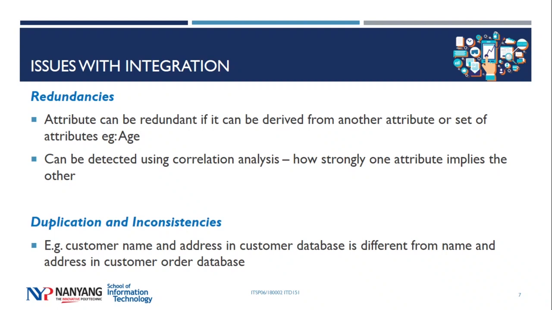So one way to detect redundancies is to perform a correlation analysis. This is a statistical evaluation method used to show whether and how strongly pairs of variables are related. Strong relation, weak or no relation between two variables.